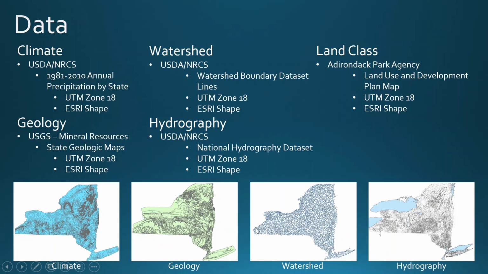The watershed just gives an outline of every basin in New York State, and hydrography is a map of all of the major water bodies in New York State, and you can tell that there's a lot of it. And then the land class is what I talked about, just using it to set my study area.